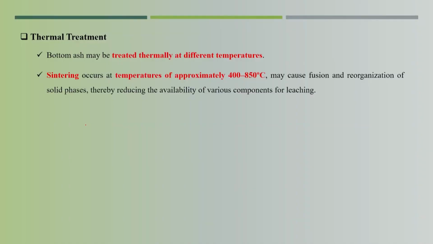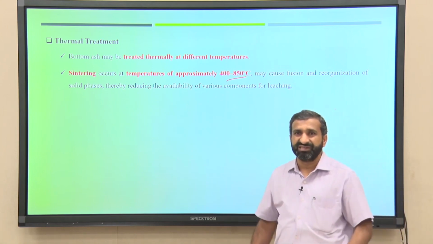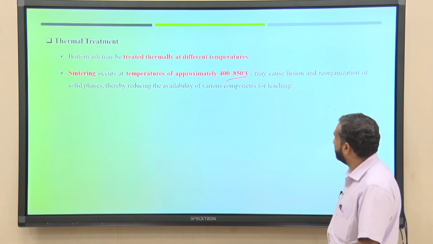Sintering occurs at temperatures of approximately 400 to 850 degrees centigrade, and may cause fusion and reorganization of solid phases, thereby reducing the availability of various components for leaching. Every time, you see, all treatment targets are how best we can reduce the leaching of these metals available in high concentration in the solid residue.